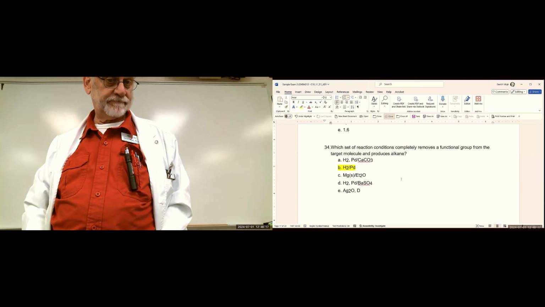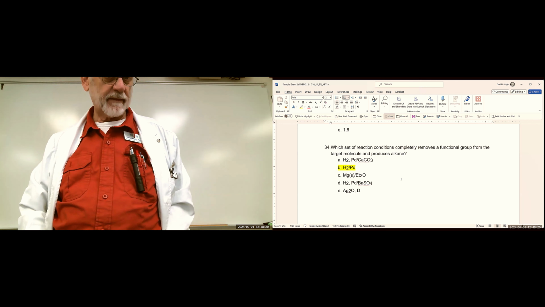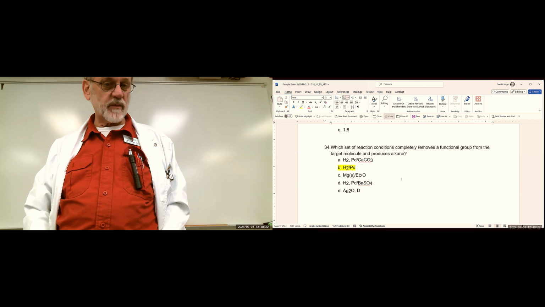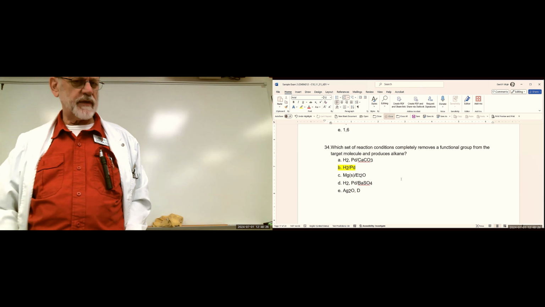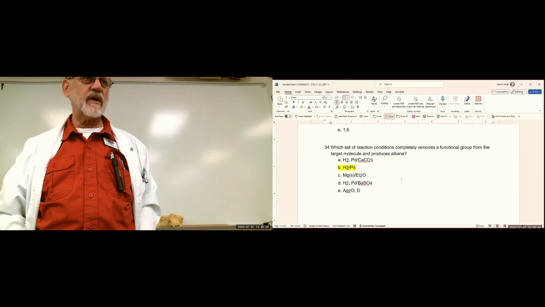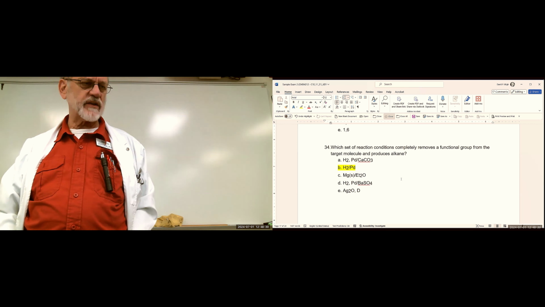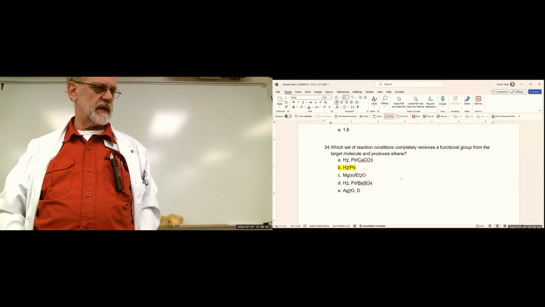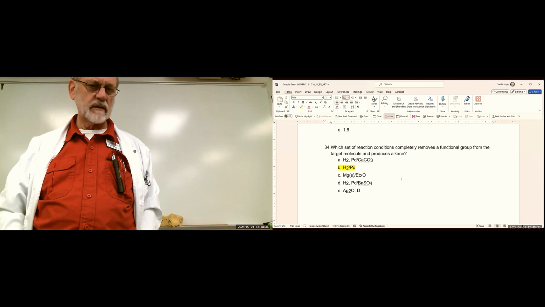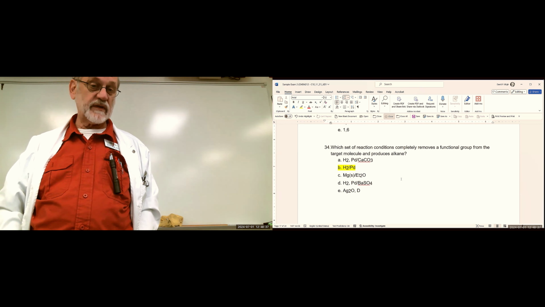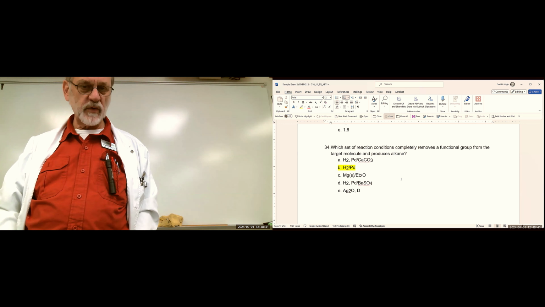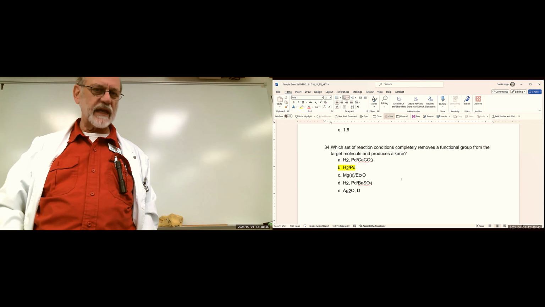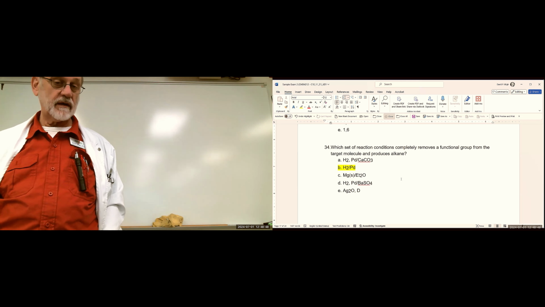Well, palladium is going to be a catalyst, and the only thing I know of that uses a catalyst is where you have pi bonds and you want to saturate an alkene. So B would be the best answer, I think. Completely removes a functional group: the functional group would be an alkene, leading to an alkane. That makes sense.